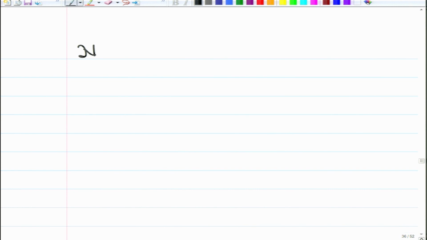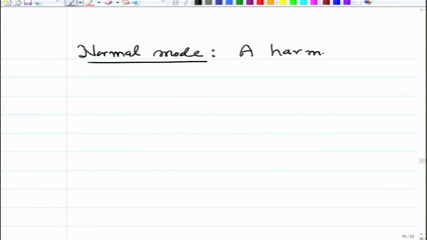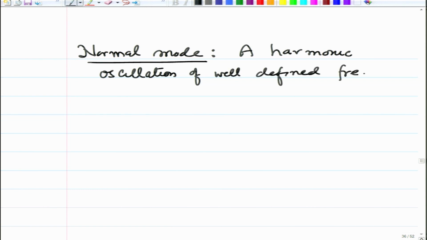So, this normal mode is a harmonic oscillation of well defined frequency omega, that will depend on k, because this pattern has a k related with it, right.